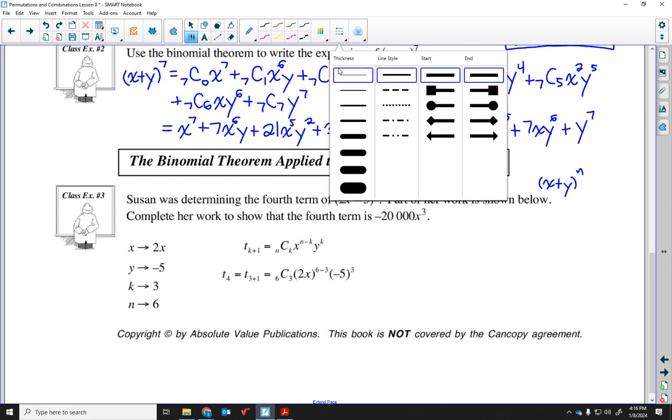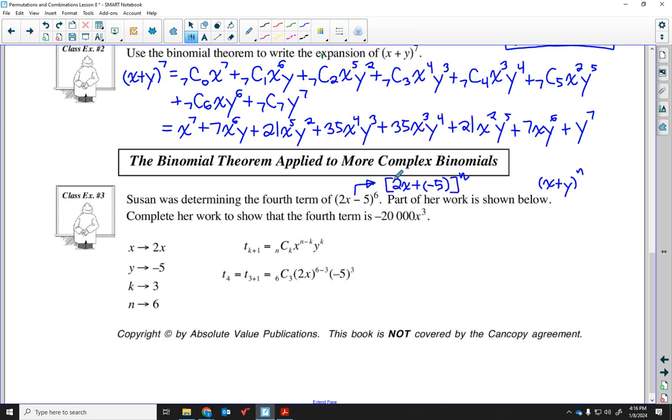Now, the logic right here is we're going to do a substitution. So instead of it being x, it's going to be 2x. And then here, instead of it being y, it's going to be negative 5. So y becomes negative 5. Now, what it wants us to do is to figure out what the fourth term is in the expansion of this.